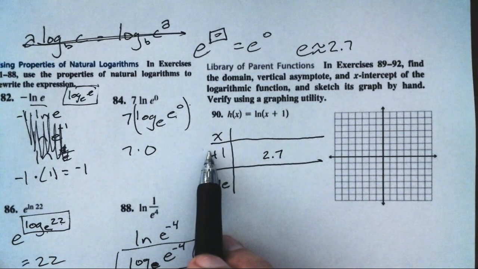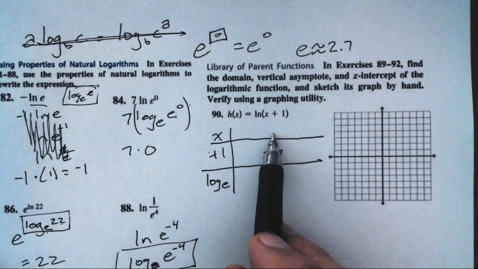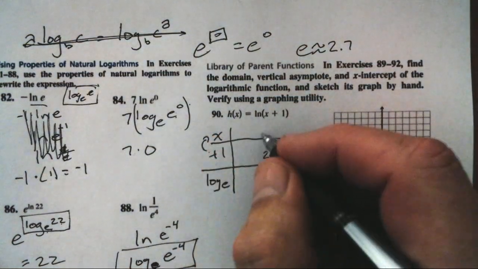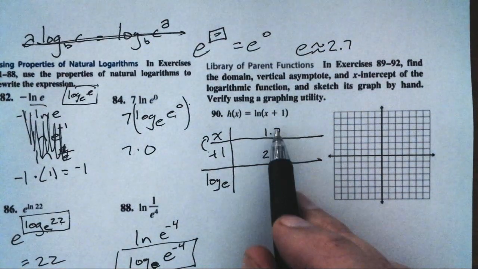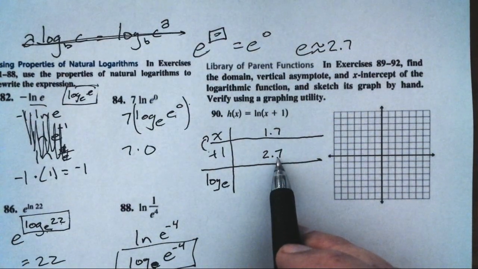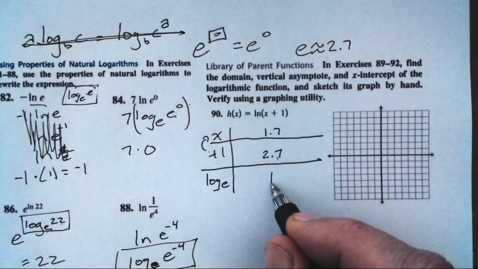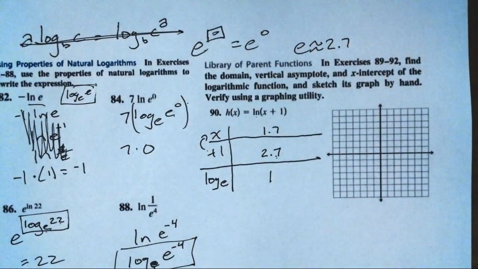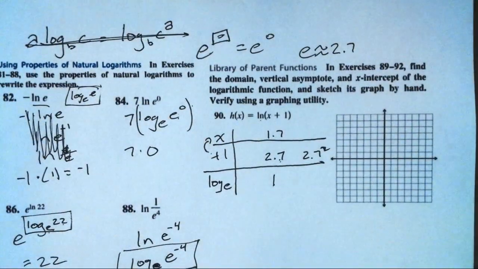Well, if I added 1 to get 2.7, what did I start with? I have to subtract 1. 1.7 gives me 2.7-ish, or roughly e. And what is ln e? It's the exponent that turns e into e. That is 1. And then I'd like 2.7 squared here, whatever that thing is.